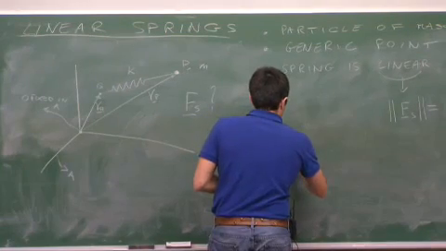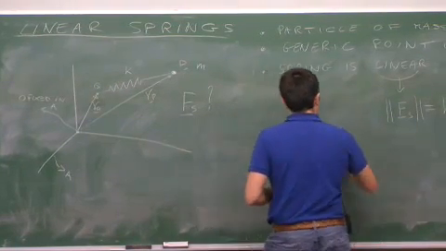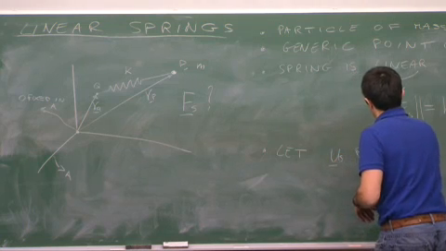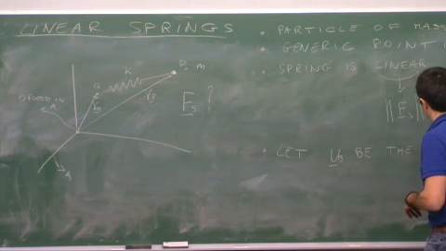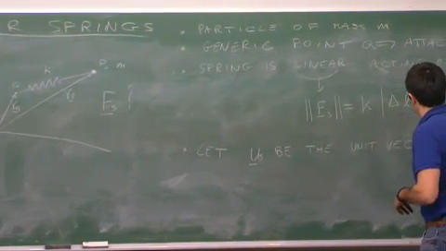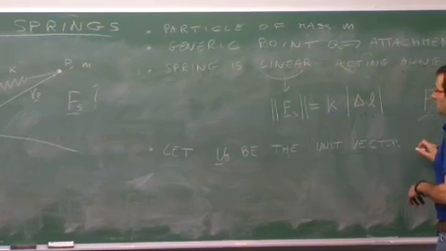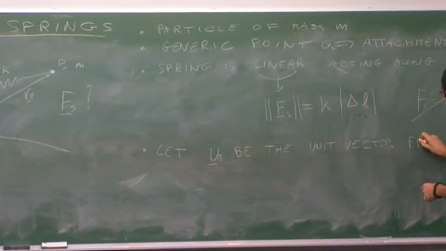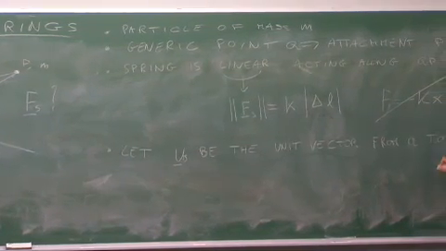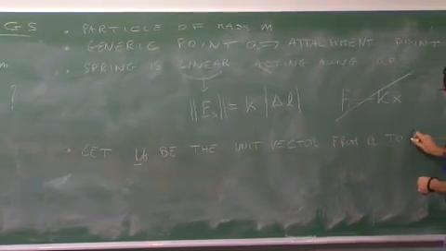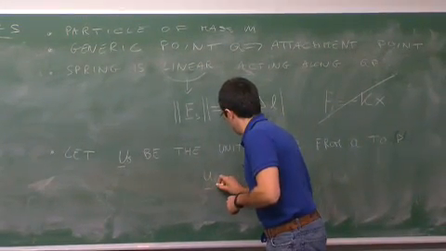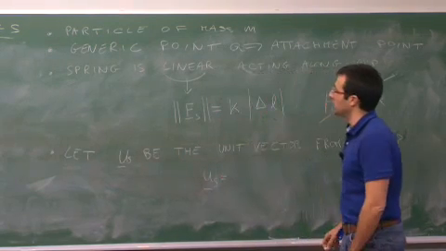Let's define that US, little us, be the unit vector from basically from Q to P. So U of S is defined as, how would you define U of S?